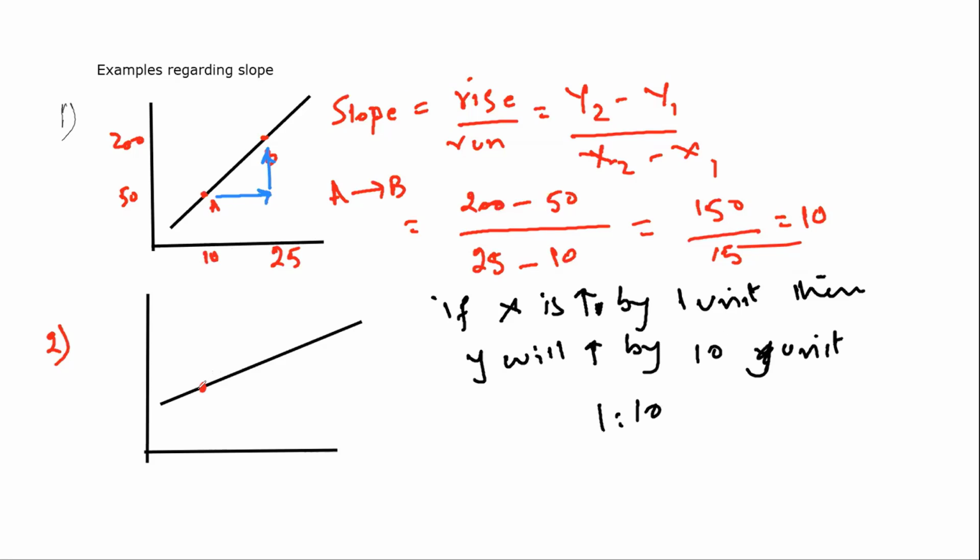So we have this point A and another point B. Let me label these and then we'll see how you make it. So this is 10 and 12. 10 for A and 12 for B, and this is 50 and 75. So try to solve it, then we'll see.